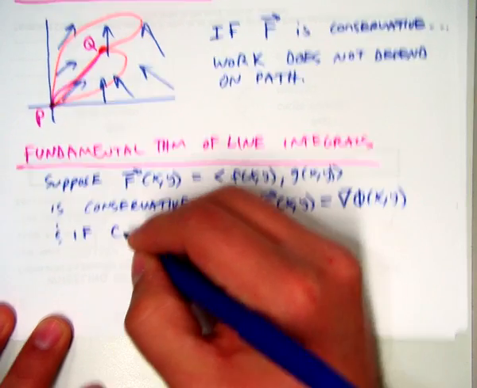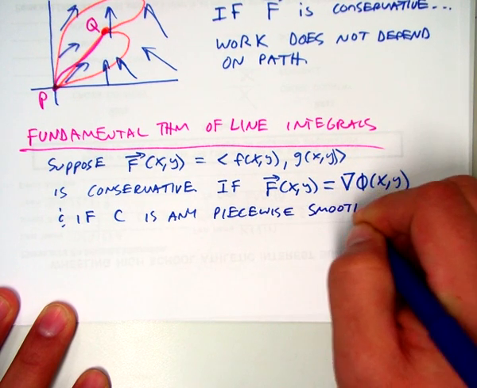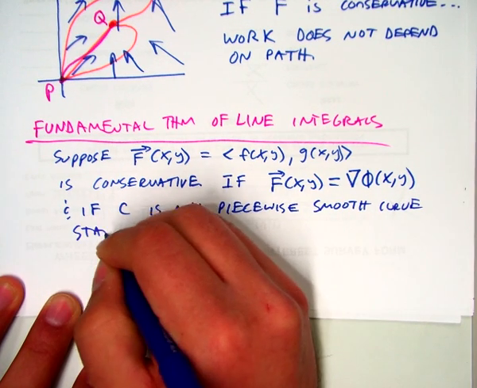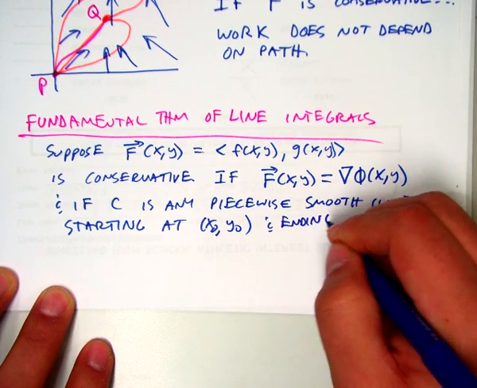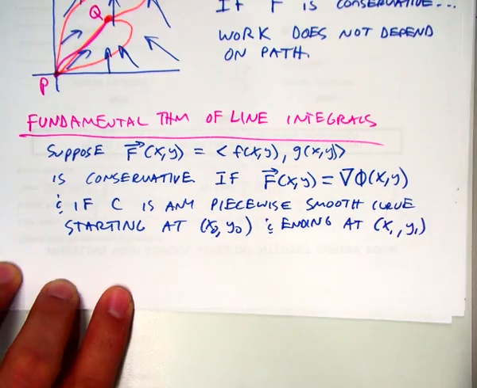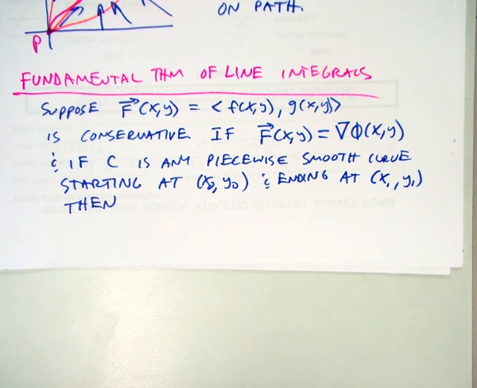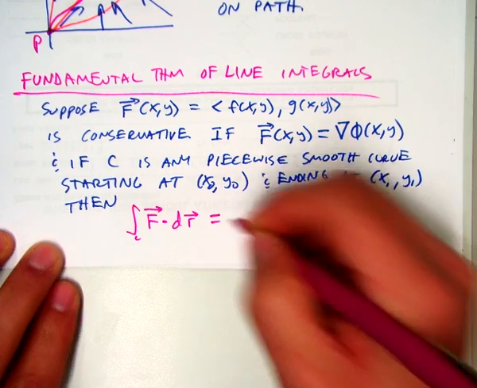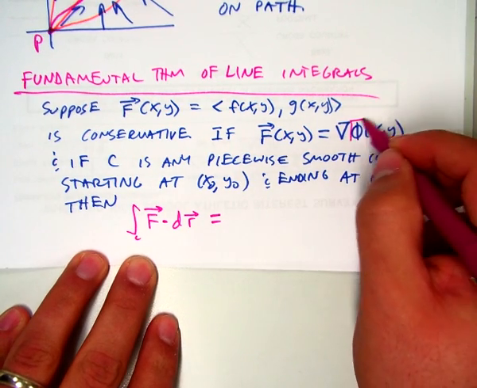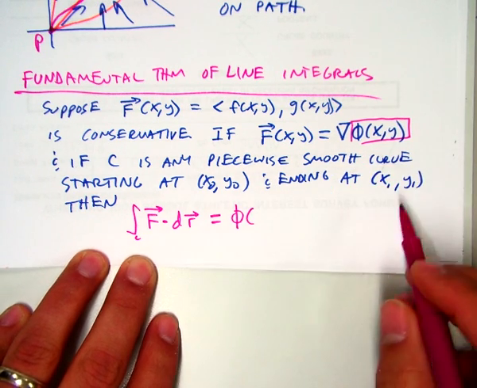and if C is any piecewise smooth curve starting at, let's say, the point x naught, y naught, and ending at x1, y1, then the fundamental theorem of line integrals says that we can evaluate the work done, which is the line integral of F dot dr, by simply using this potential function as kind of like the antiderivative, and we would evaluate the endpoints and initial points just like we would for a normal integral.